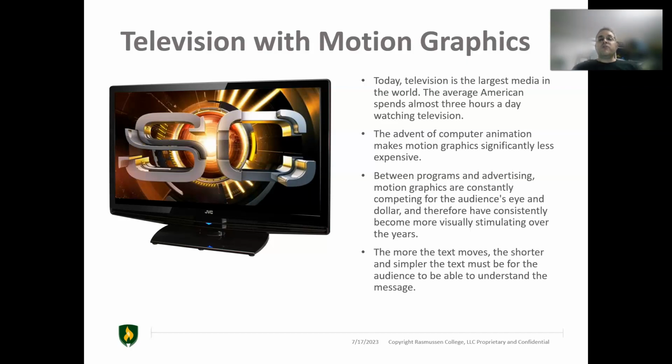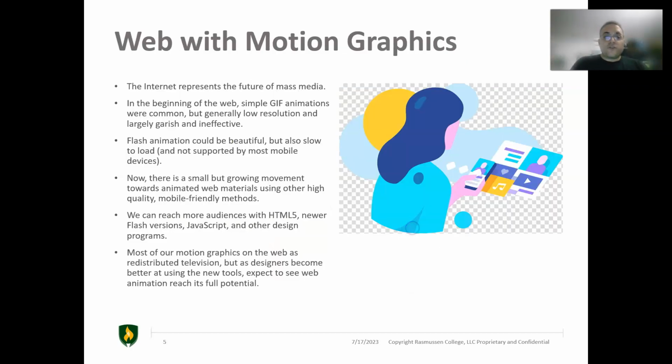However, with the advent of computer animation, it makes motion graphics significantly less laborious. And between programs and advertising, motion graphics are constantly competing for the audience's eye. You have to keep that in mind. So the more the text moves, the shorter and simpler the text has to be. That's why you tend to see motion graphics a lot more powerful with shorter words and shorter phrases.